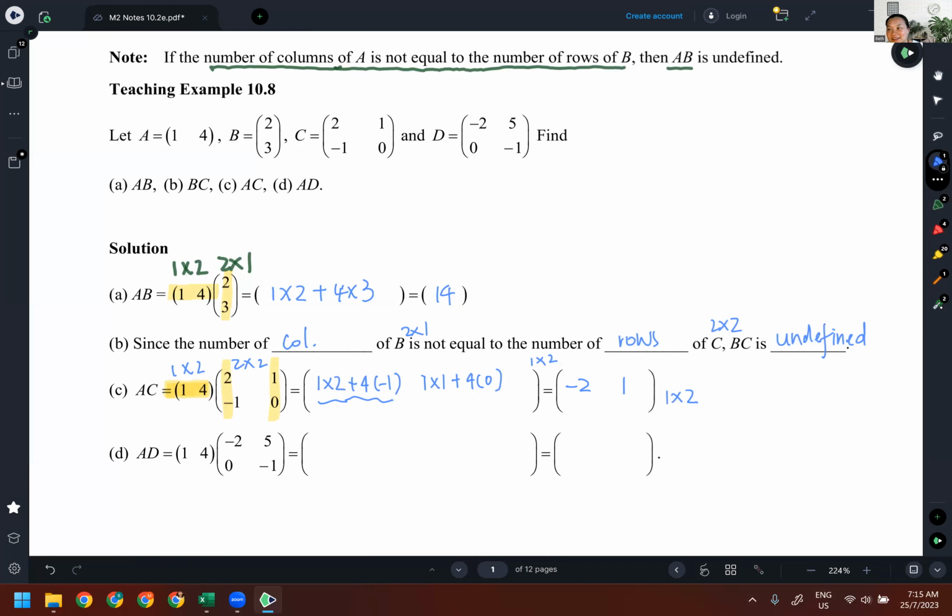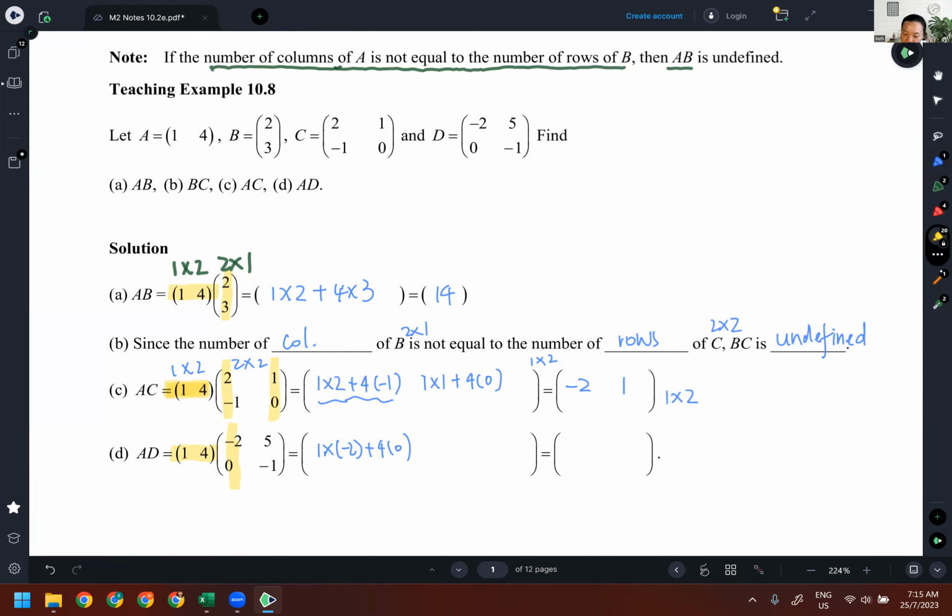Last example. Now, how about A times D? Now, A is 1, 4. This is D. Now, this is very similar. So the sizes, the orders match, then I will multiply. The first value, row 1, column 1: 1 times -2 plus 4 times 0.